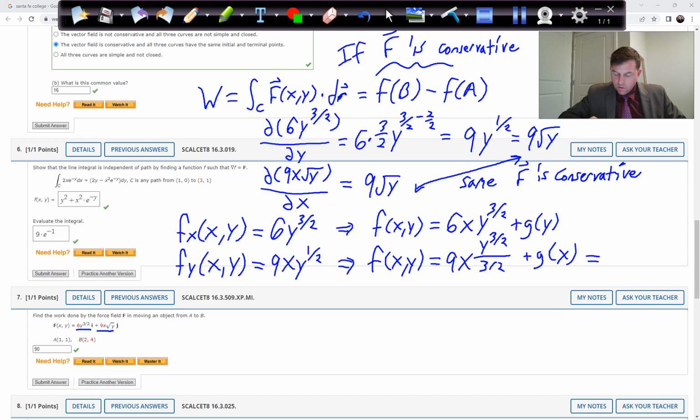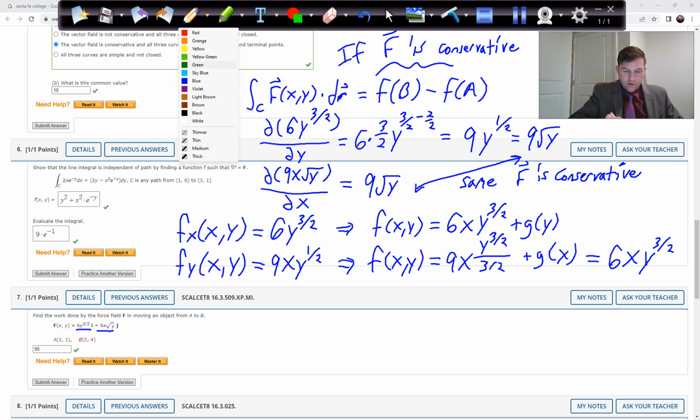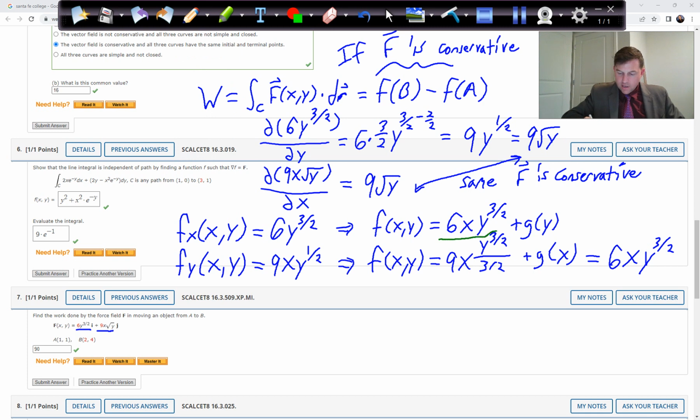But this is the same as 9 times 2/3, which would be 18 over 3, which is 6x y to the 3/2, and we notice that those two functions are exactly the same. Therefore, I don't need these extra functions of integration that could have popped up because of the nature of partial derivatives, where we let one letter become a constant. So that should be the function.